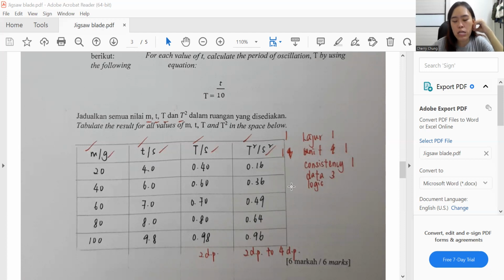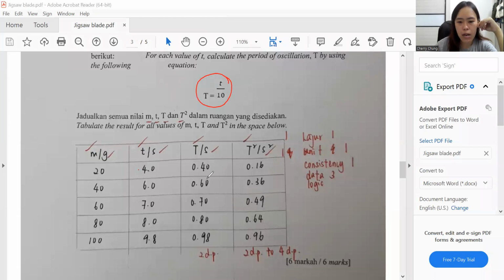Then consistency. You can see that here, some of them have 2 decimal places, some have 3 decimal places or 4 decimal places. For this question, T is actually being calculated based on this.